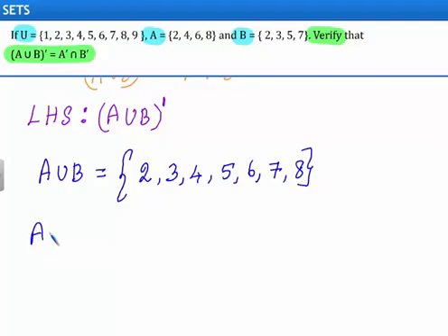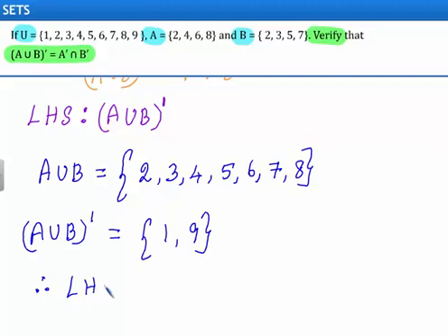Next we are going to find complement of A union B. This will be equal to set of elements which are in the universal set but not in the set A union B. They are 1 and 9. Therefore, LHS is equal to set of elements 1 and 9.